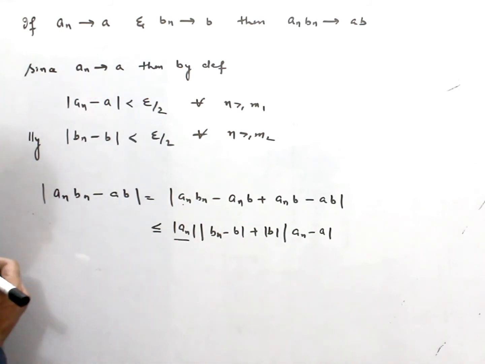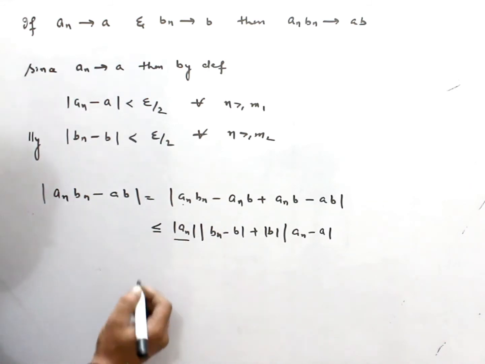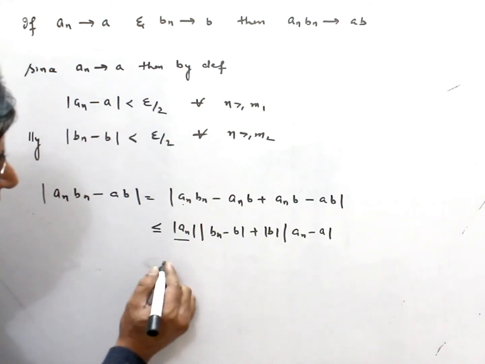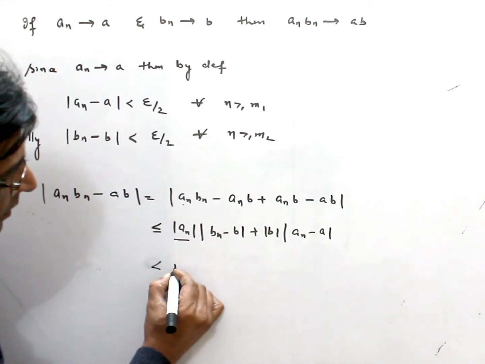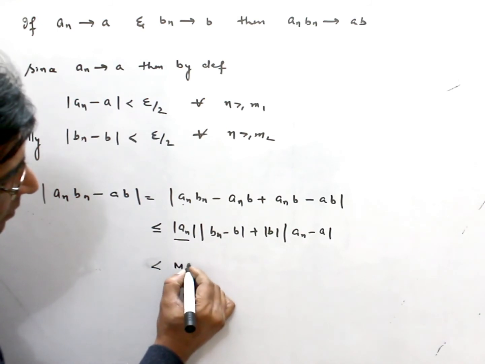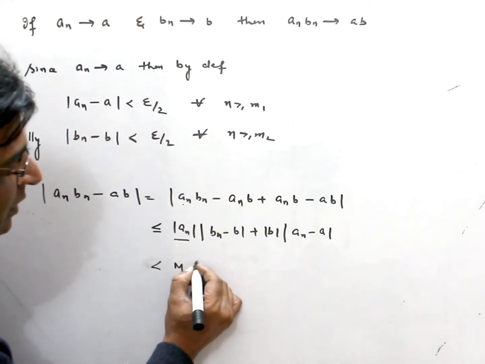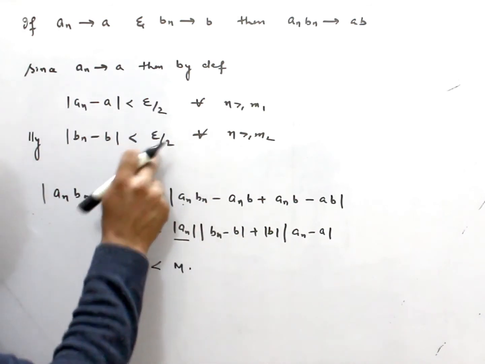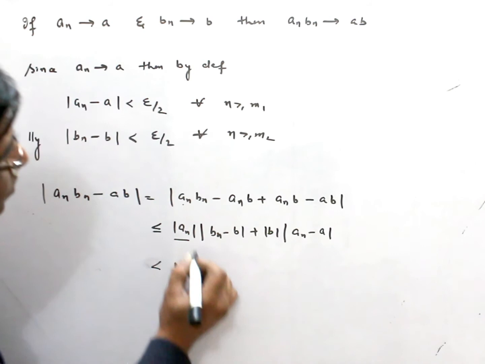So suppose this is bounded, that means there exists some m, such that |a_n| is less than m, where m is some positive number, and |b_n - b| is less than epsilon by 2.